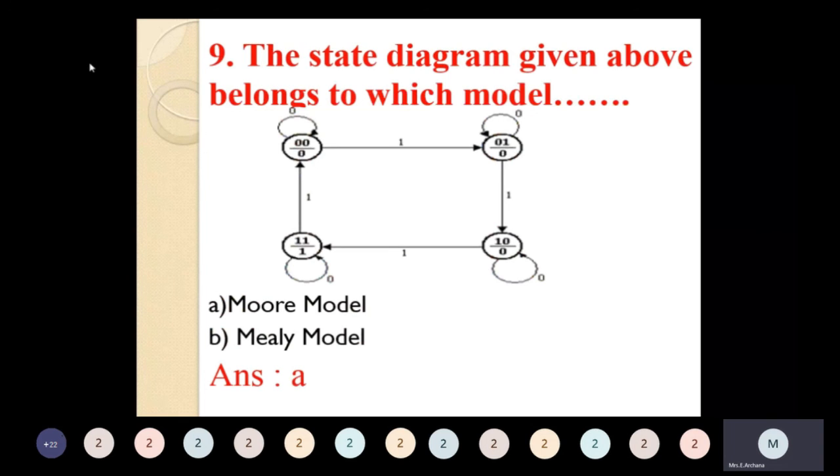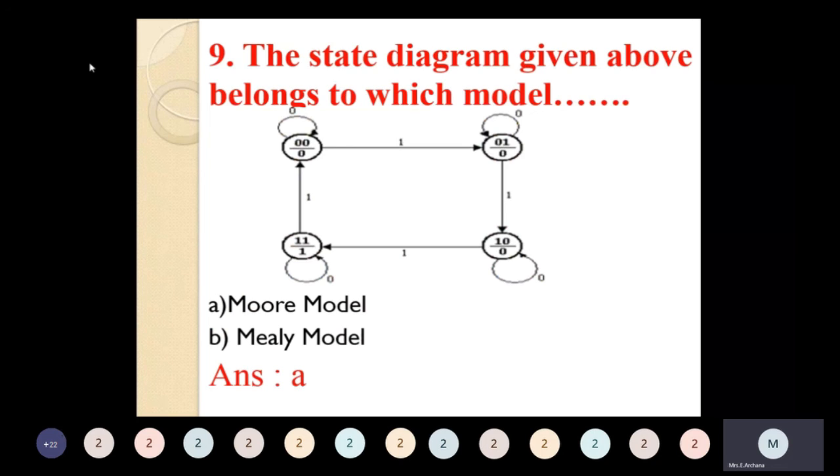The next question. The state diagram given below belongs to which model? When we talk about Moore model and Mealy model, a Moore model will have the same stable output when x is equal to 0 and x is equal to 1.